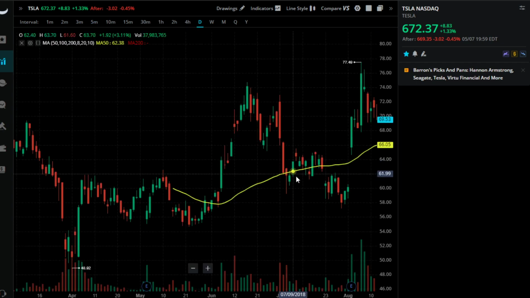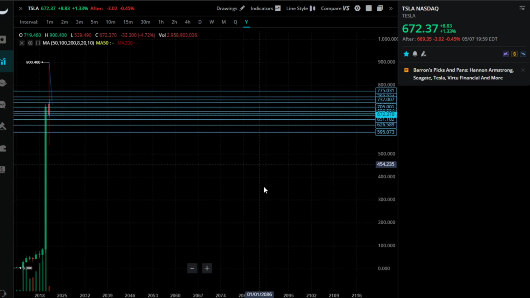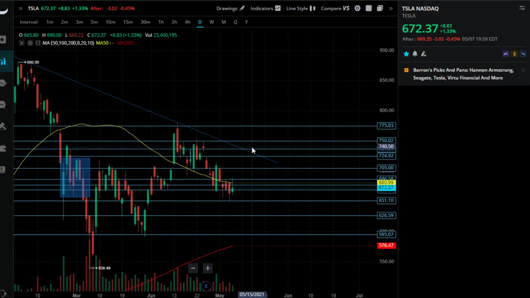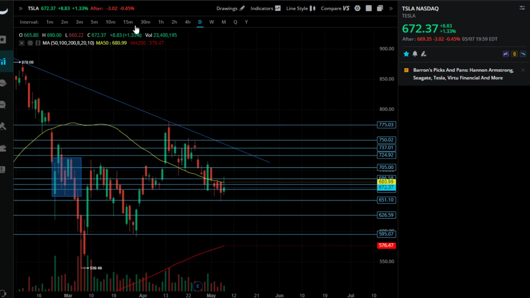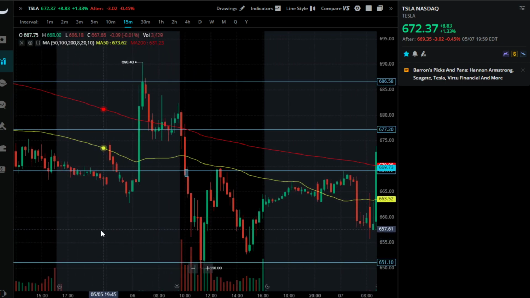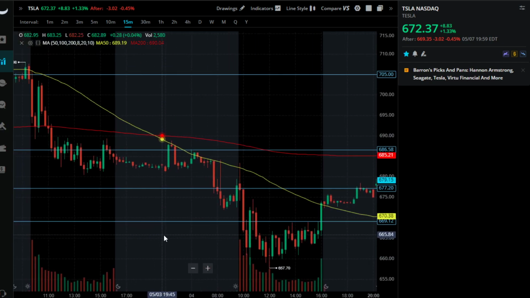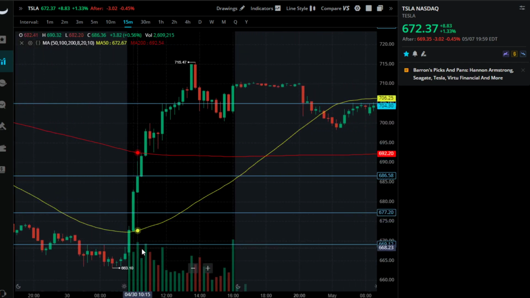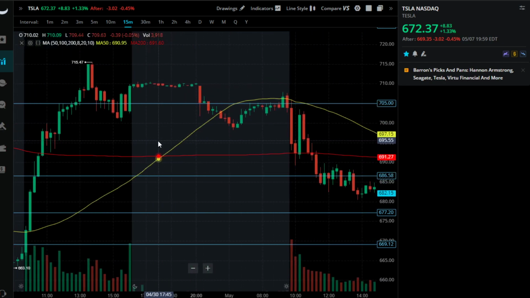Now, I know Webull is a little bit tricky, so you'd have to, there we go, daily over here, and now we can take a look at the 15-minute, and it would be this one right here. Again, we could see that we started getting some congestion around the 200 MA, but ever since we claimed over that, we continued to move even higher. So always be on the lookout for your 200 MA.